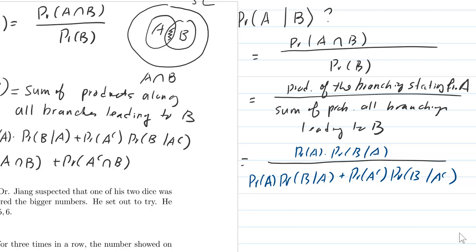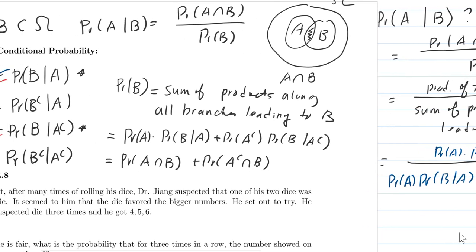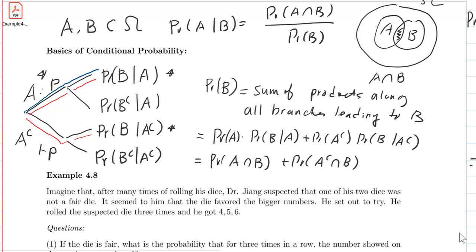So what it means is that suppose we have this probability tree. We know these conditional probabilities. And now we know B has happened. What is the probability that A has happened? Because we know for B to happen, either A or A complement has to happen.